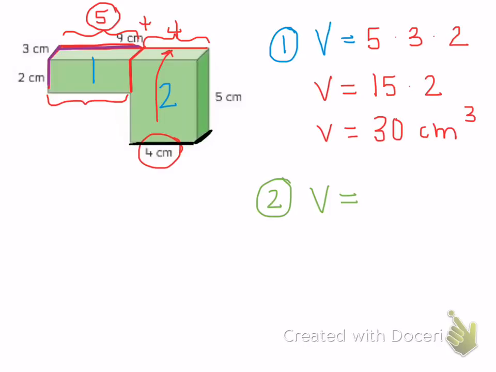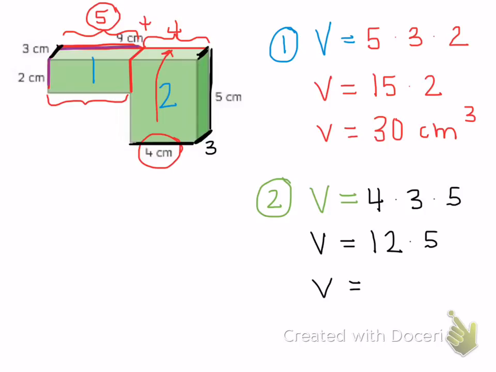Now remember, this is the same as this, which is the same as this piece over here. So you see that the width is also 3. And the height they gave you as 5. So the volume you should have done is 4 times 3 times 5. You should have done 4 times 3 is 12 times 5, and 12 times 5 is 60. So the volume of the second piece was 60 centimeters cubed.